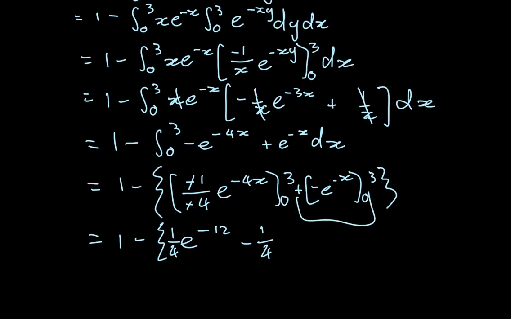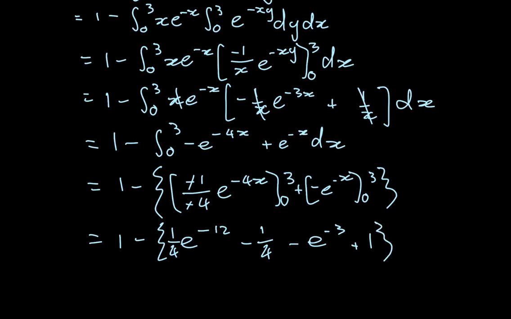Then we evaluate this. So that is negative e to the negative 3, and then this evaluated at 0 is e to the 0, which is 1, but I'm subtracting it, and it's already negative, so it now becomes positive 1.